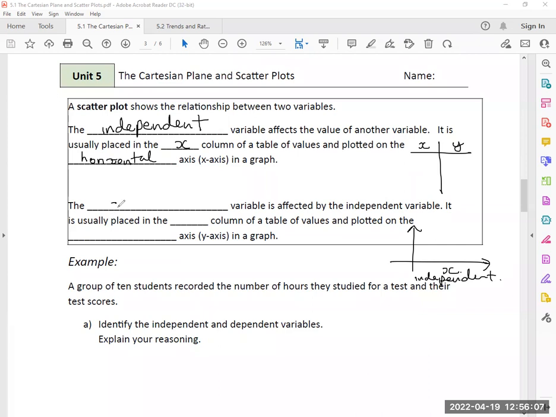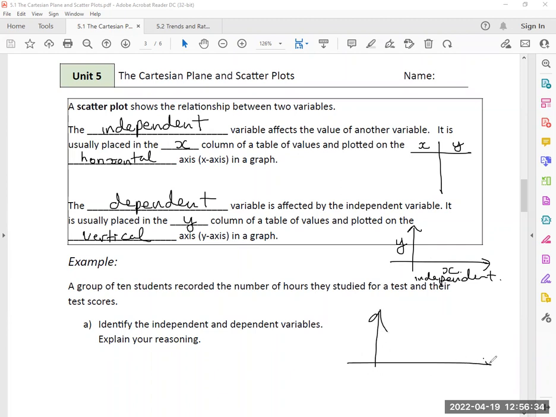The dependent variable is affected by the independent variable. It is usually placed in the Y column of a table, and it's plotted on the vertical axis. So here's my Y. So do you see the relationship even with the money thing? How about this?